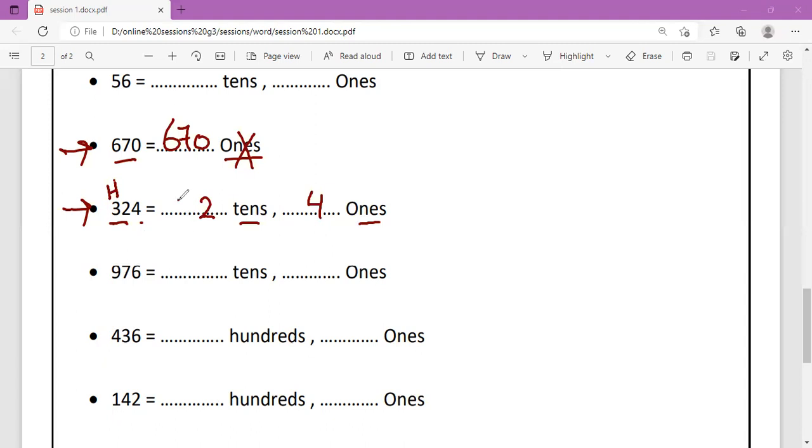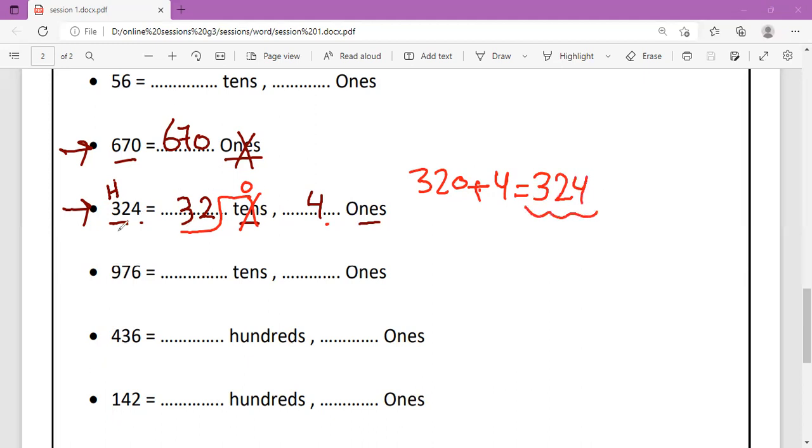So you just put 32 in tens, because when we check our answer, we have 32 in tens, and we know tens has only 0. So 32 tens will be 320, and we add 4, so it will be 324.